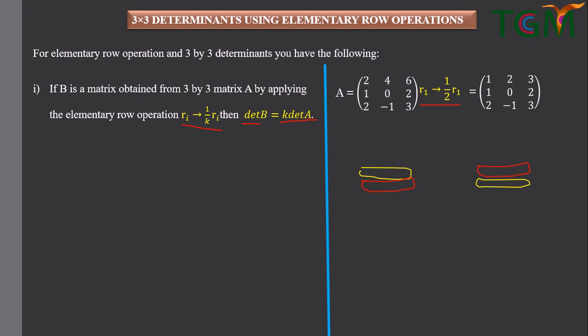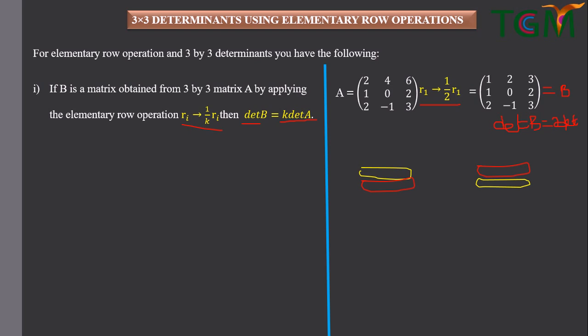Let's say this resultant matrix is B. The determinant of B should be equal to, since here we divided everything by 2, multiplying the determinant of A by 2.